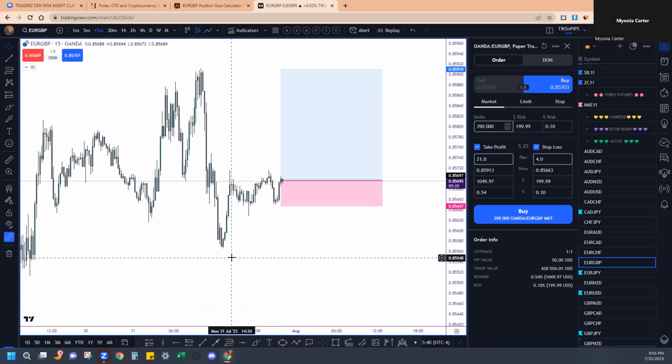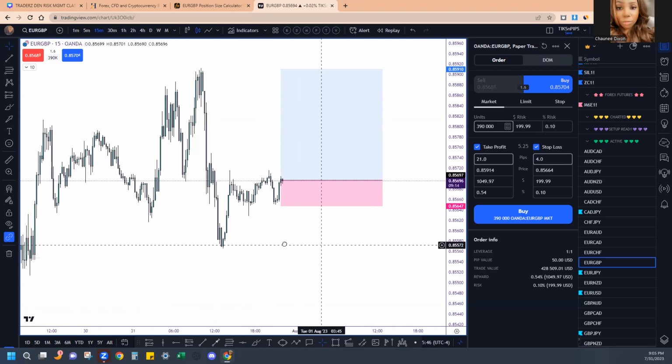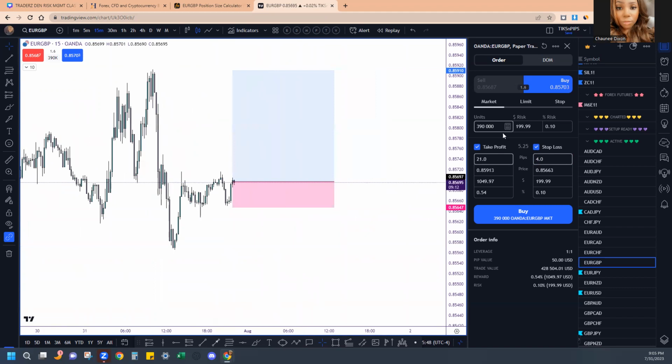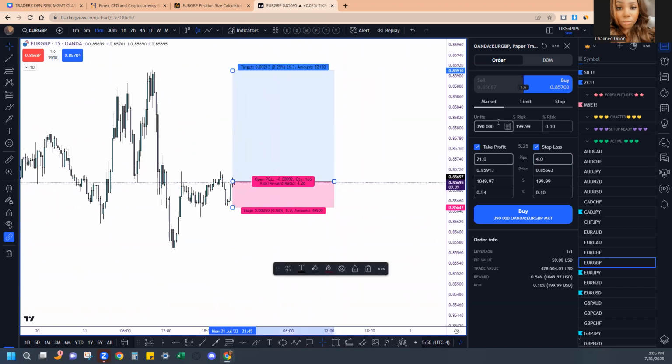I don't know if you can answer this before the 2 minutes, but can't you do a bracket order on there too? Yeah, sure. I already plugged everything in, but I'll do it again just to be sure. So we got our lot size, we multiplied it by 100K, which was 390K. So I plugged that in here. Our take profit was 21.3. Our stop loss was 5.